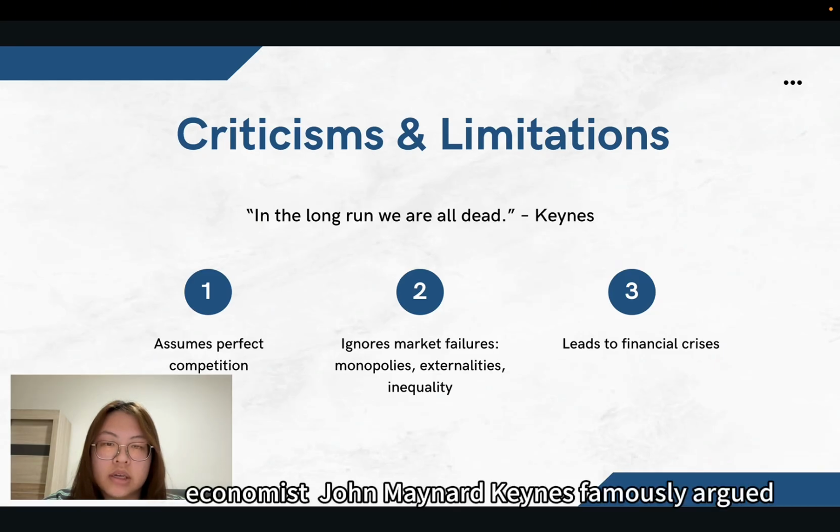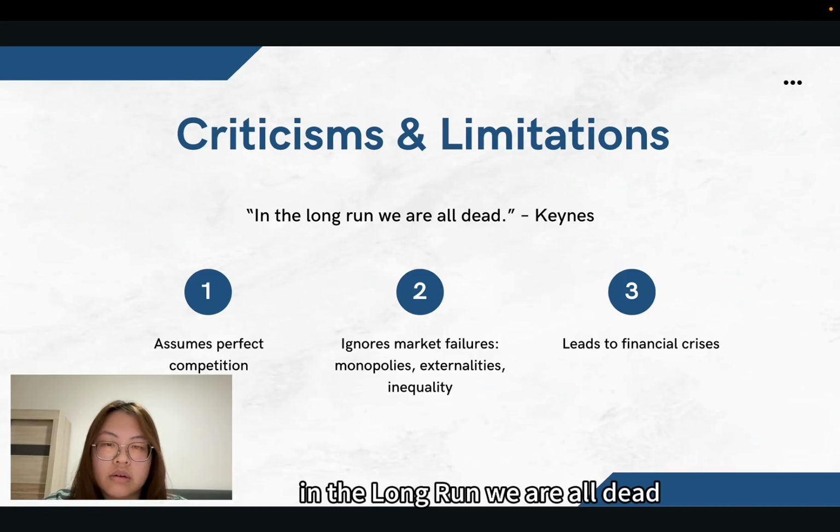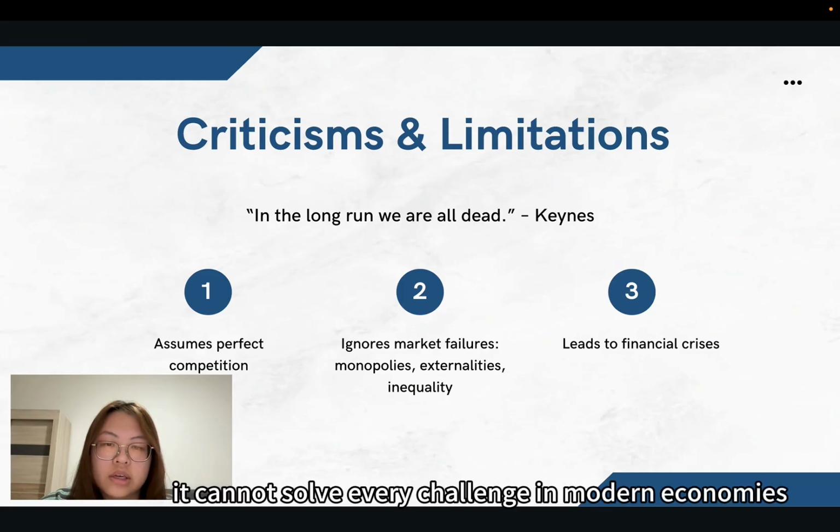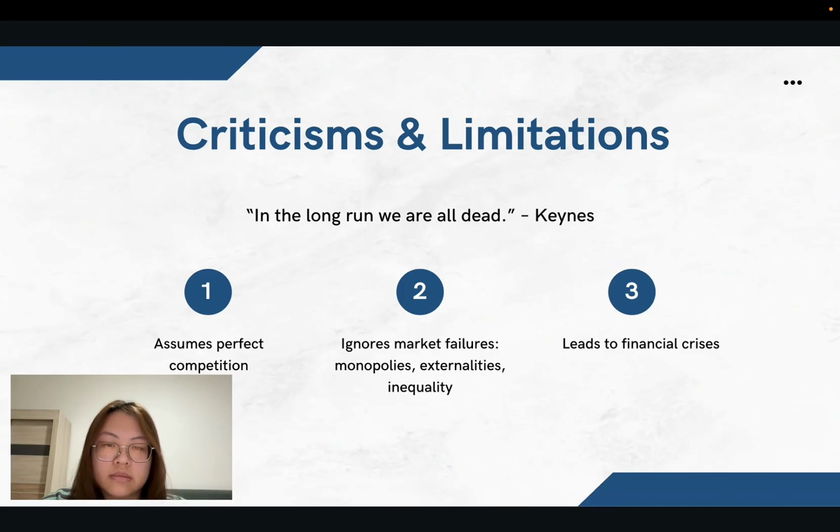Economist John Maynard Keynes famously argued, "In the long run, we are all dead," stressing that governments must intervene to stabilize the economy. So while Smith's invisible hand is powerful, it cannot solve every challenge in modern economies.